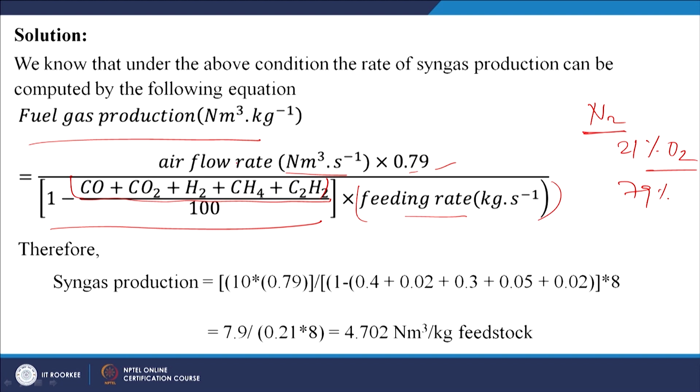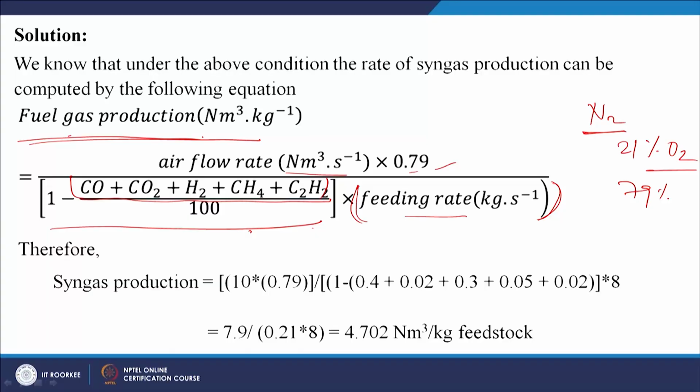So, air flow into 0.79 is the nitrogen available in the air, that is the nitrogen coming in, and the nitrogen available in the flue gas is the flue gas production rate into this term, divided by the amount of material used. So, this formula is used to calculate the flue gas production in normal meter cube per kg. This we have discussed in the previous class.